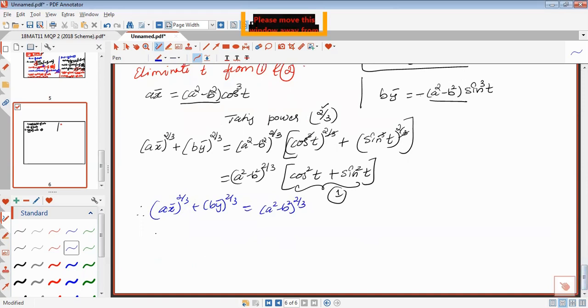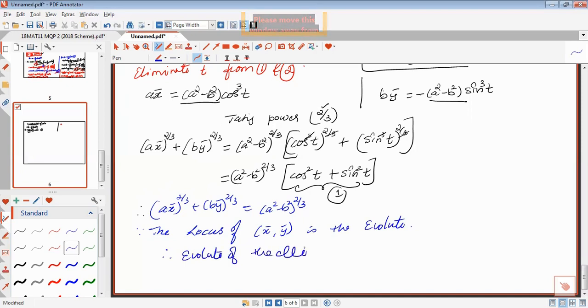Now since the locus of the center of curvature, that is x bar comma y bar, is the evolute, therefore the evolute of the given ellipse, x square by a square plus y square by b square equal to 1, is found by just replacing x bar and y bar by x and y in this equation.